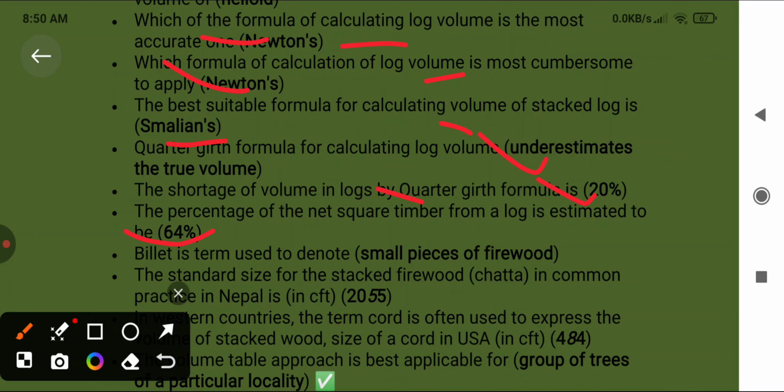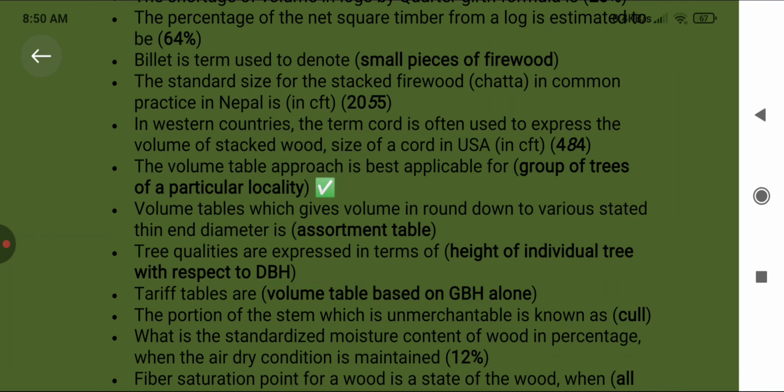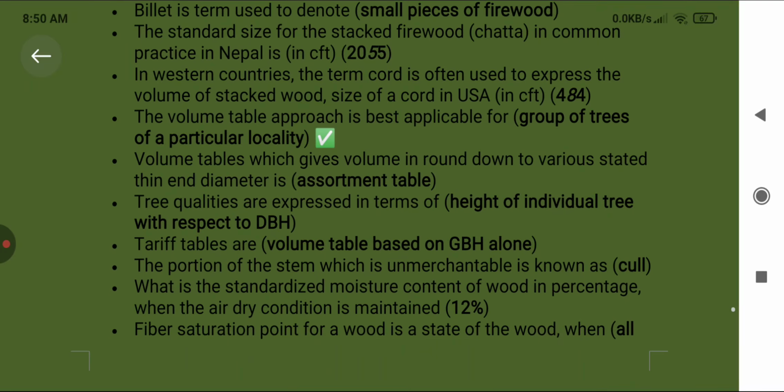64%. Billet is the term used to denote a small piece of firewood. The standard size of a stacked firewood chatta in common practice in Nepal is 20x5x5, 500.